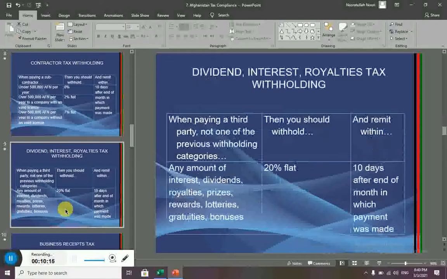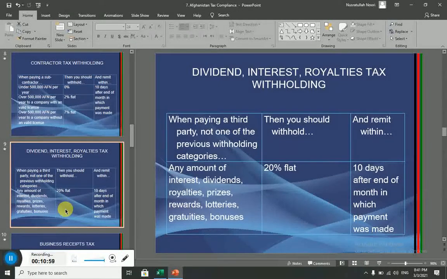Okay, so the fourth tax applicable in Afghanistan is dividend withholding tax, interest withholding tax, royalties withholding tax. These three are put together because they have the same percentage of tax and it's under the same article. So when paying a third party, not one of the previous withholding categories, and previous withholding categories were contractor withholding tax, wage withholding tax, rental withholding tax.